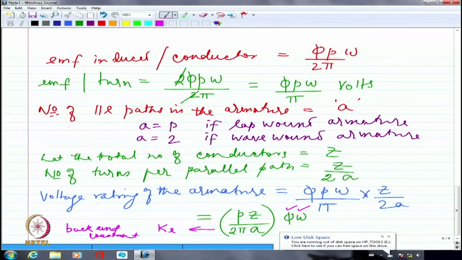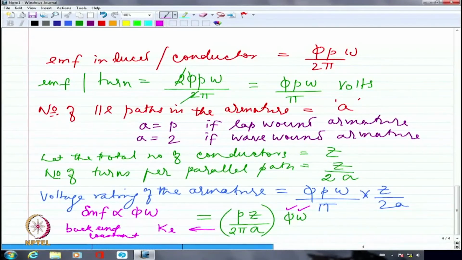Right? So this gives me basically the equation for the EMF generated in the machine. So in general, I should be able to say EMF generated in a machine is proportional to phi omega. Phi is the flux, omega is the speed at which I am rotating the armature. Right? So generally, this is a very, very important fact about DC machine. EMF generated is always proportional to flux multiplied by omega.